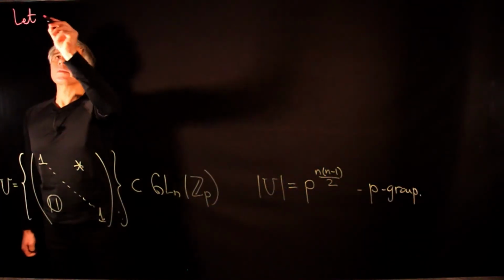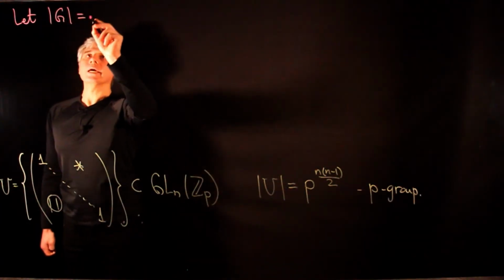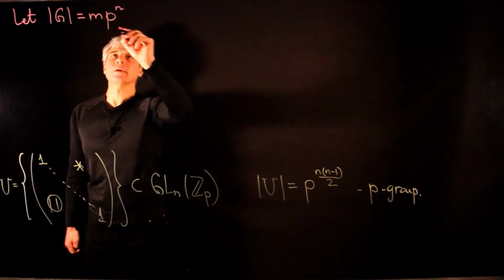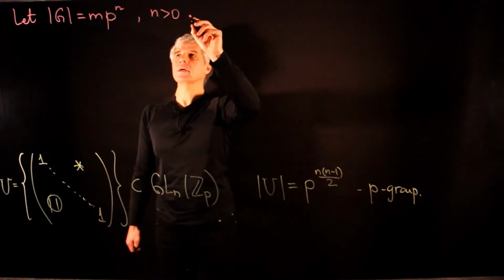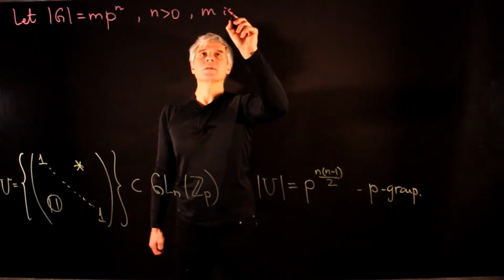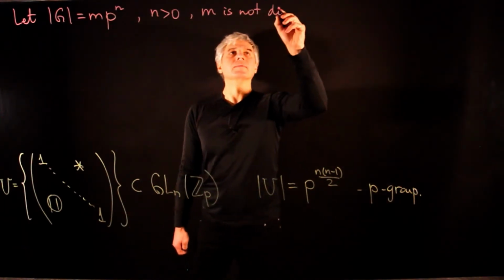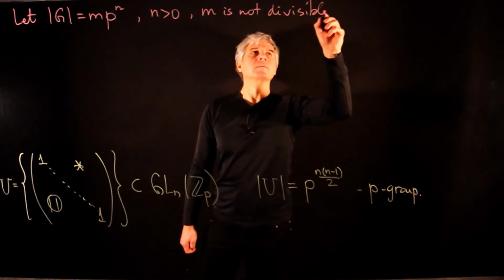Let the order of G be m p to the power n, where n is greater than 0, p is a prime number, and m is not divisible by p.